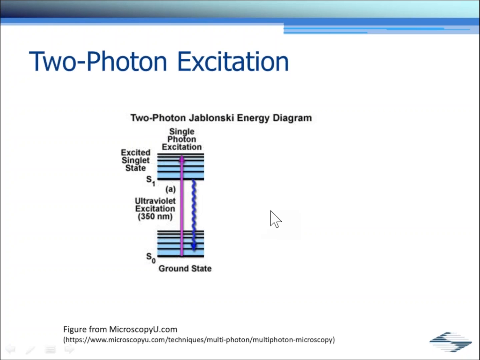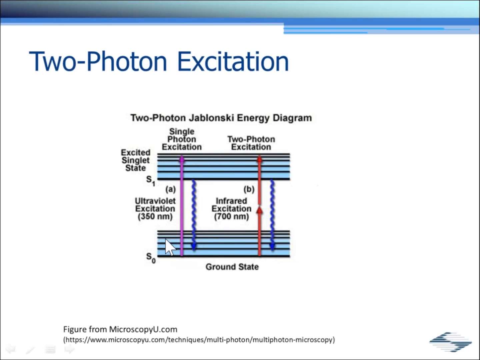So how does two-photon imaging look? If this is the single photon path, two-photon imaging actually happens very similarly, except instead of using a single photon, in the example in the figure shown here, we have a 350 nanometer photon, which relates to that photon's energy. If instead we have two photons of half the energy, double the wavelength, and we hit that fluorophore at exactly the same time with those two half energy photons, we essentially get the same effect as we had in single photon excitation.